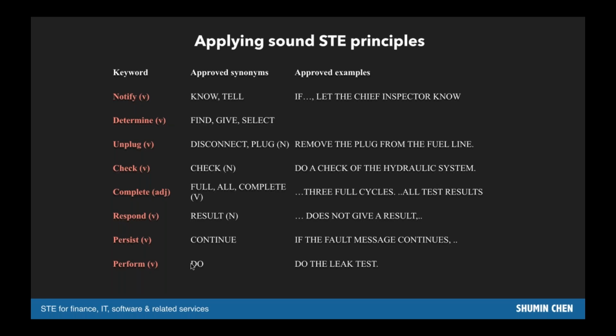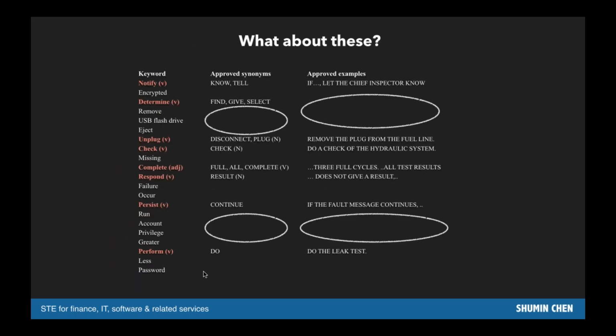If you perform an operation in this work environment, then you simply do. So we did not flag every word, telling them that you cannot use all of these words, because some words are still very much valid in the world of Kaspersky.